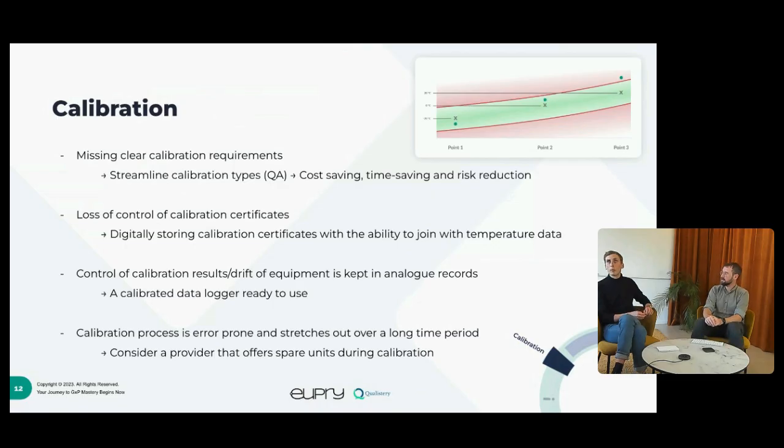You can maybe drop some comments in the chat and share how you cover this calibration process. But the example that we typically see is that you take half of all your equipment, ship it to a calibration provider, and then in the 2 weeks that you need to pass between calibrations, you have to have spare equipment to put in your units in the meantime.